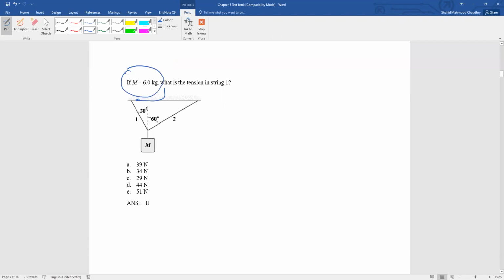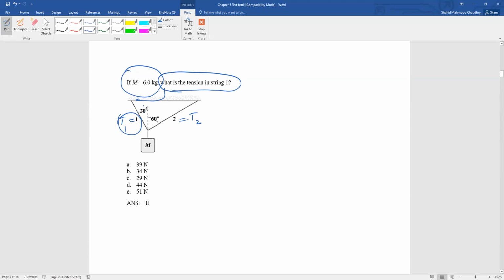And what is the tension in string 1? This is the question. String 1 is this one, and this is string 2. This is tension T2, and this is tension T1. So we need this value.